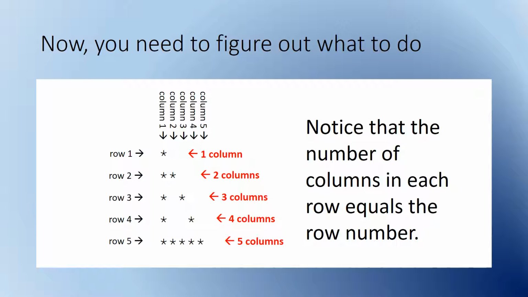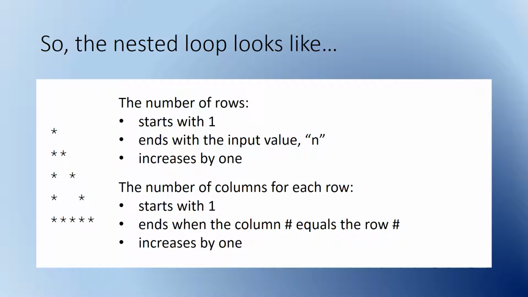So now that we have this information, we can start thinking about building the for loops. For a for loop, and we've got 2, you have to know where you start, where you end, and how your value increases through the loop.